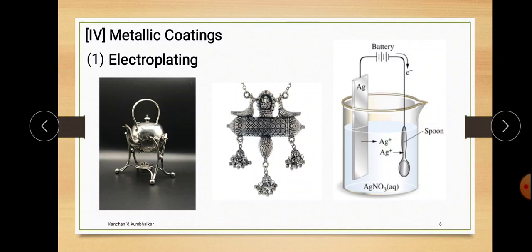By means of the electrochemical reaction, the solid silver dissolves in the aqueous solution, that is AgNO3 aqueous solution. The solid Ag gets converted into Ag+ by loss of one electron, and then this Ag+ gets deposited on the article, by means of which the electroplating of silver takes place.